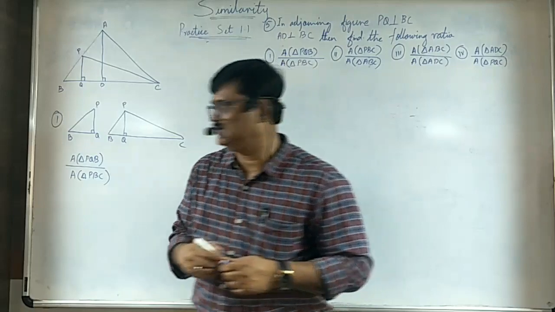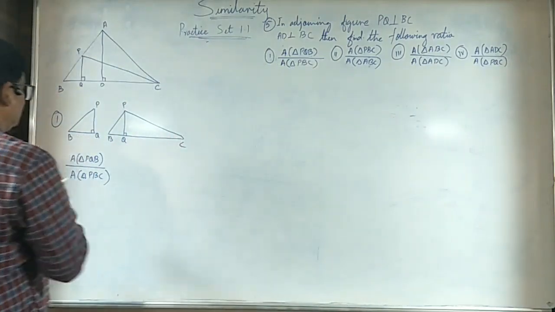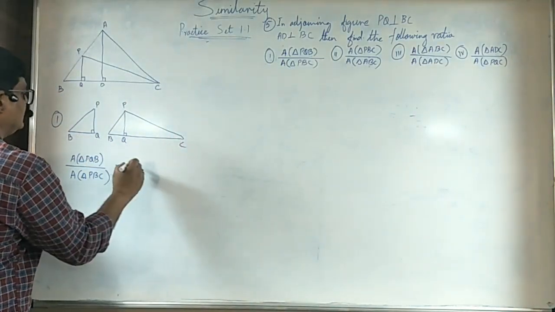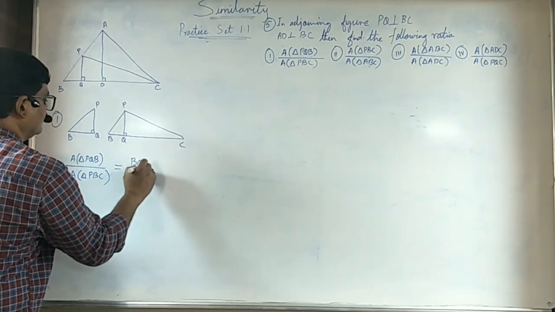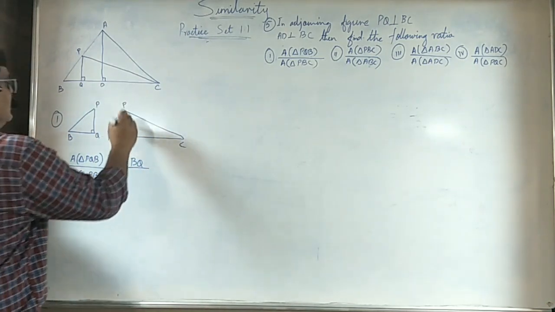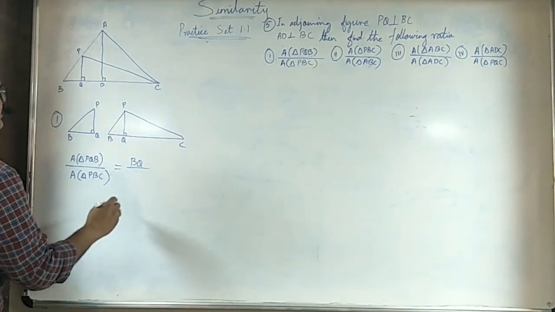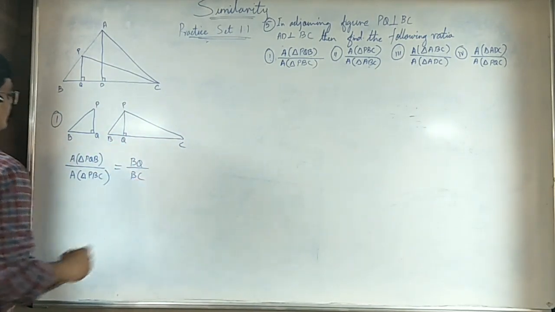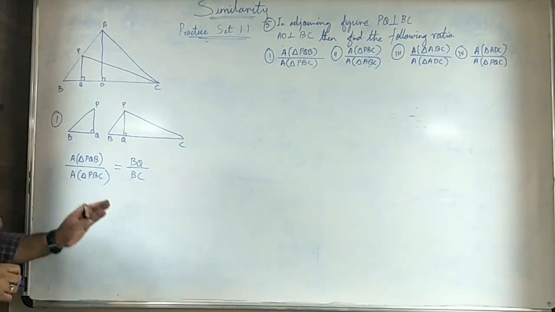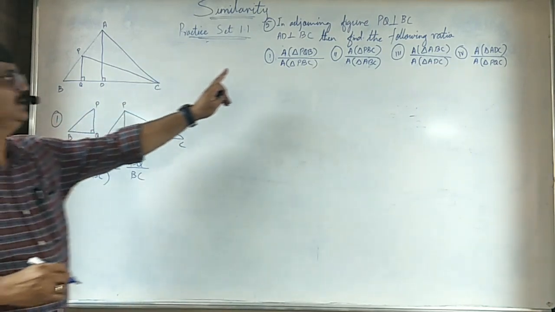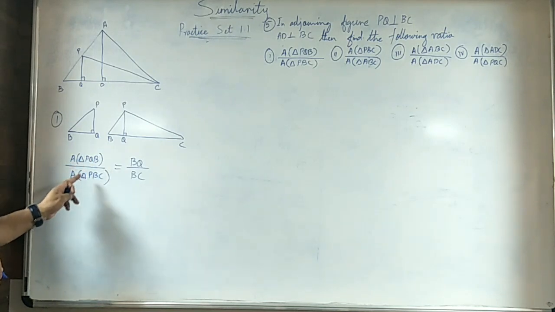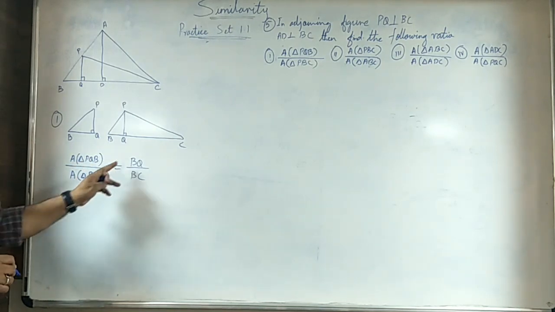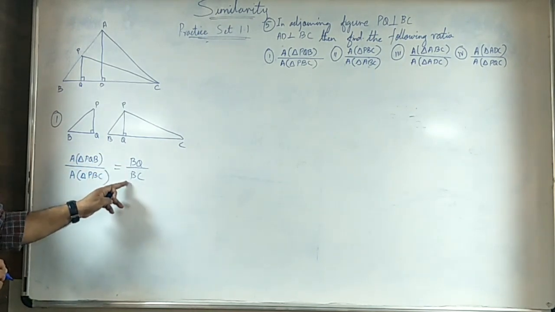So what is the base? Let's see the base. Here BQ is the base for triangle PQB. So you will be writing BQ upon, and triangle PBC's base is what? BC. So you have the answer to the first question: the ratio of area of triangle PQB upon area of triangle PBC is equal to their corresponding bases, that is BQ upon BC.